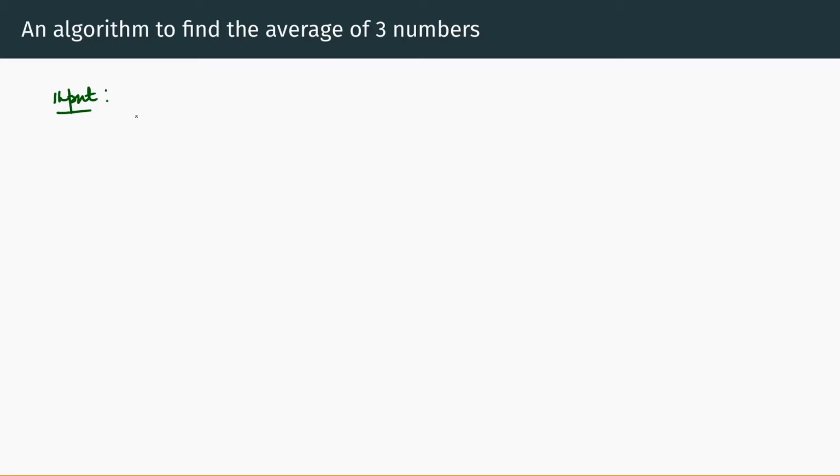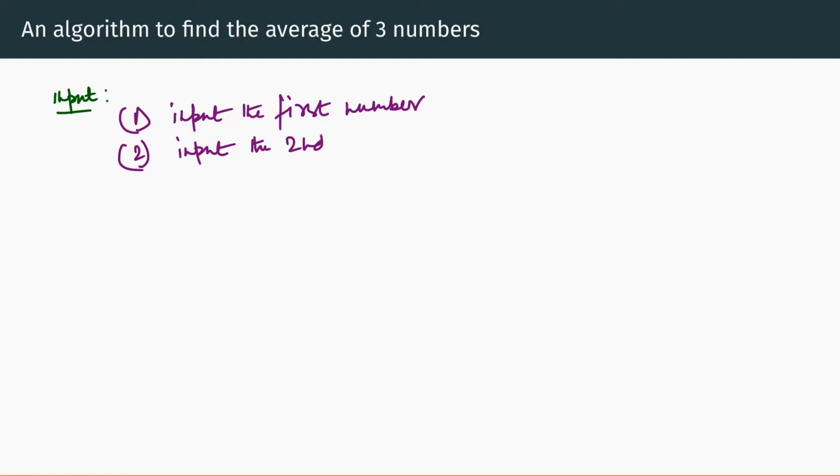So the first step is input the first number. This is where the user gives the algorithm the first number. Step 2, input the second number.